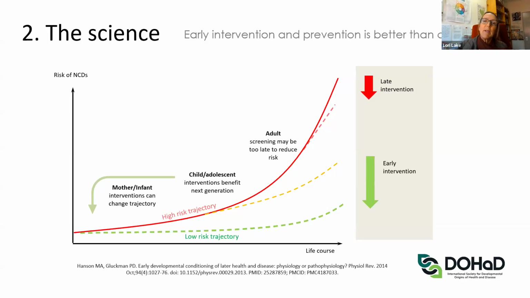But instead, what we often do is we wait and we wait and we only screen, in a sense, when it's too late to reduce the risk in adulthood. And then we're left trying to treat adults who are living with NCDs, which is extremely costly. And what we're starting to see is our healthcare system becoming overburdened with this growing epidemic of NCDs. So if we're wanting to intervene from a scientific point of view or a medical point of view, we need to be intervening as early as possible and preventing rather than treating disease.